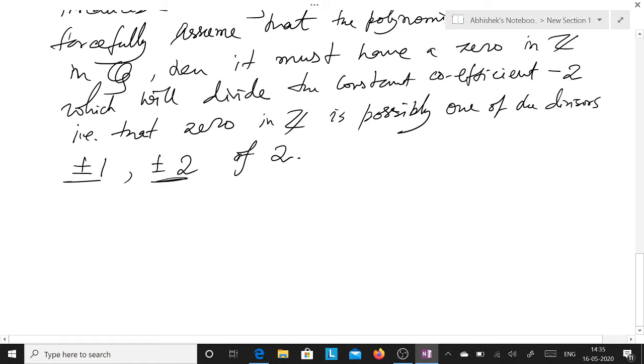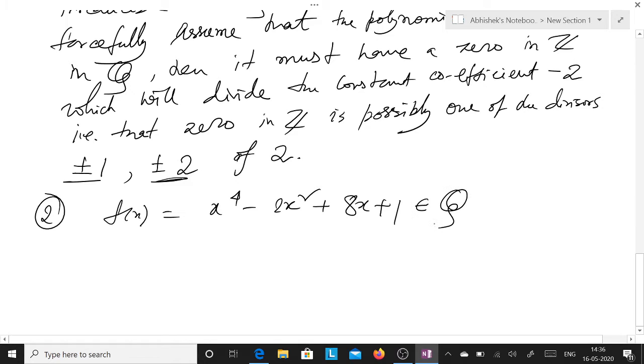Also, I can give you another example which is like the following. So example 2, suppose that f(x) is x^4 - 2x^2 + 8x + 1, which is a polynomial that has been considered over the field of rationals.